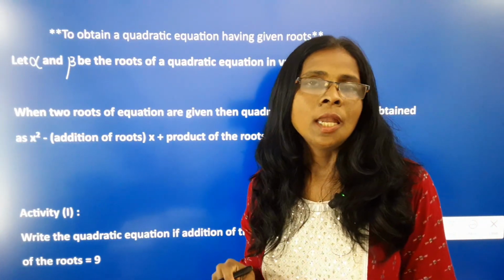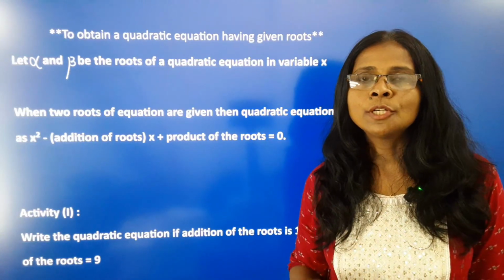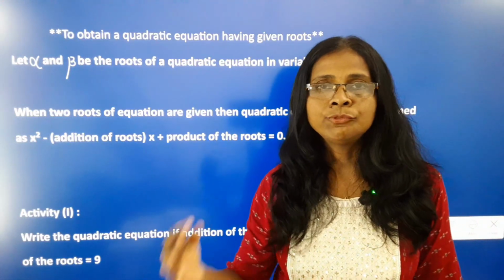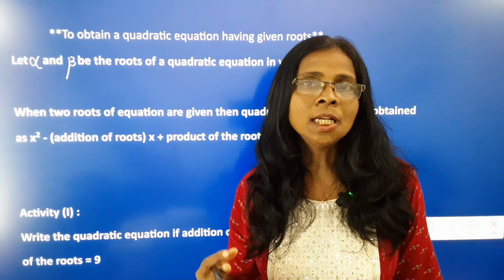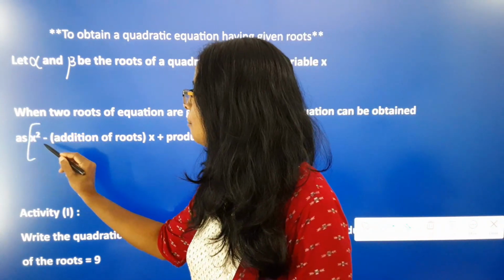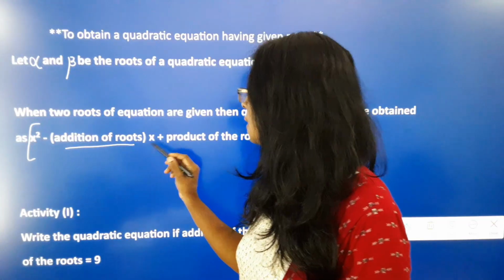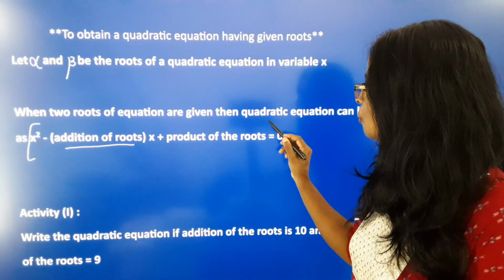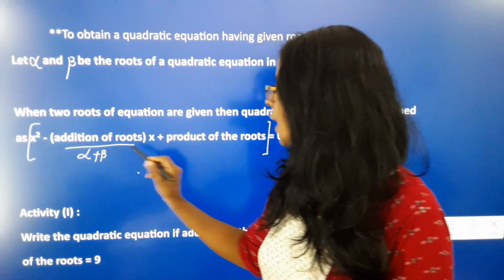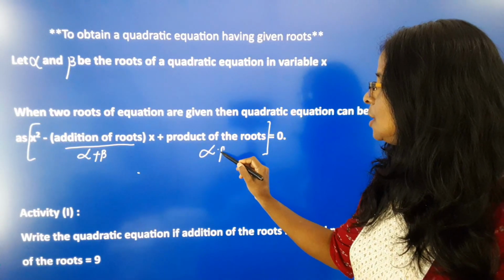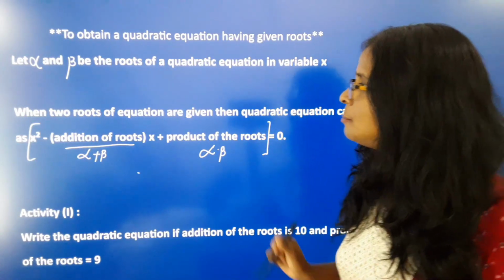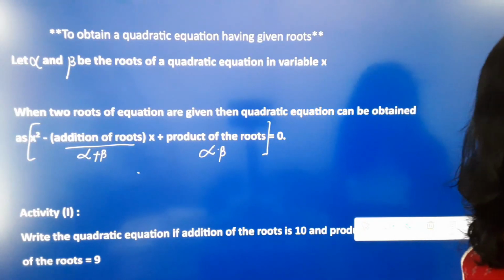Okay students, if we have the roots of the quadratic equation, then we can form the quadratic equation. So there is a formula: x² - (sum of roots)x + product of the roots = 0. Okay, so the sum of roots means α + β, and the product of roots means α × β, equal to 0. So there is the activity based on this formula.